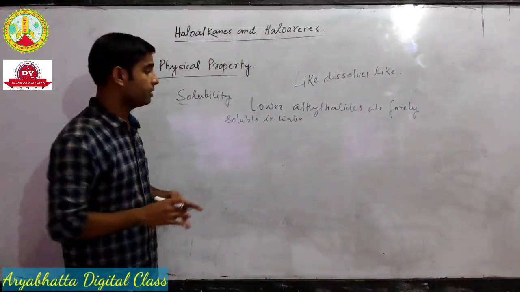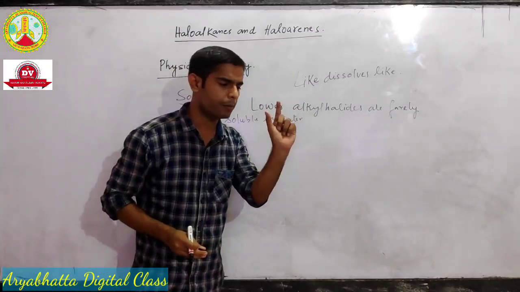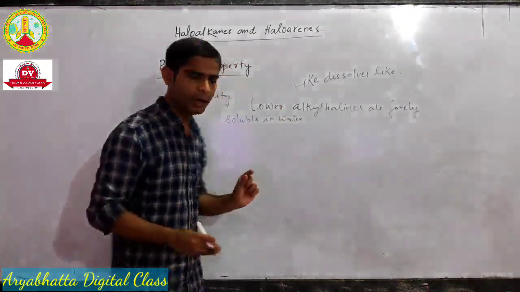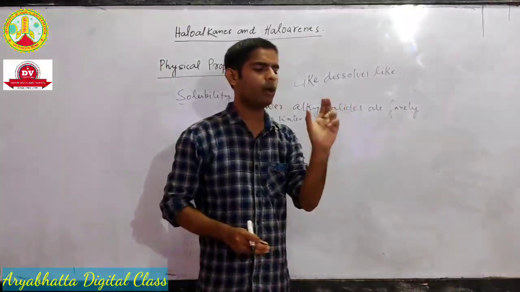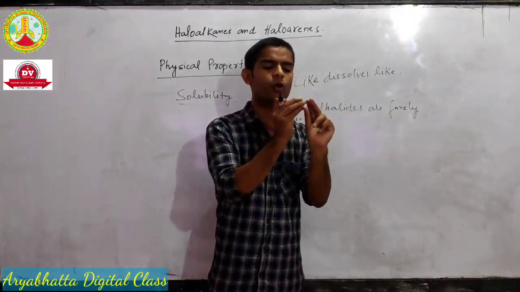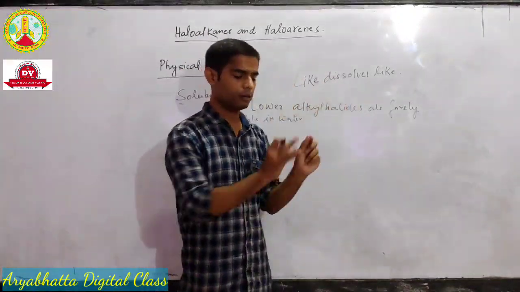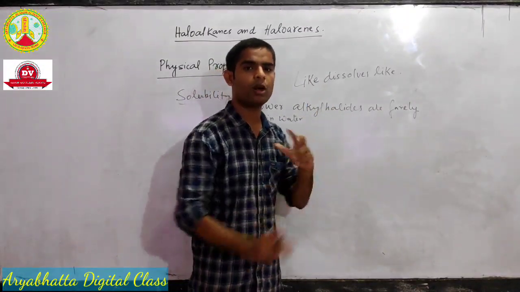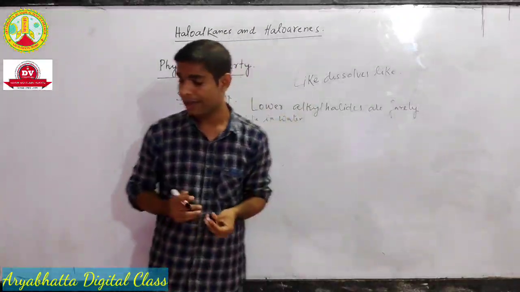Now, do you understand what a lower alkyl halide is? Lower alkyl halide means where the number of carbons is less. In a lower alkyl halide, the alkyl chain is small, which means the hydrophobic part is small. So the polar C-X part predominates and it is fairly soluble in water.